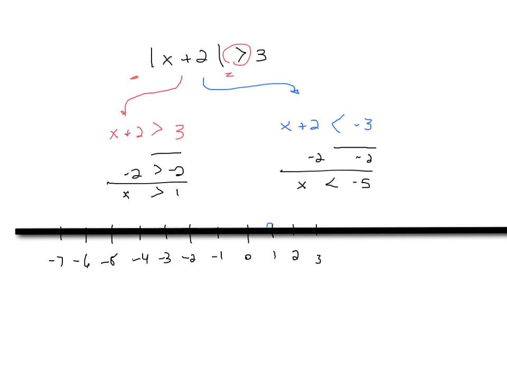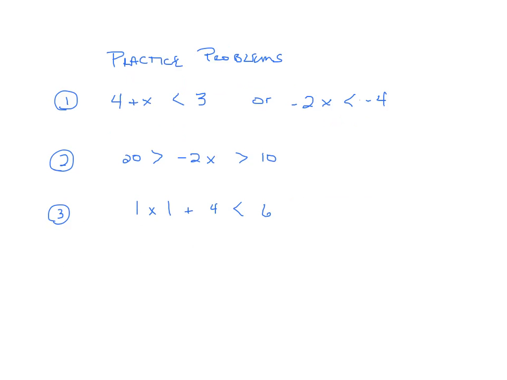Every number larger than 1 is going to work. We also have all the numbers that are less than -5. They are also going to work. So in this case, we have a whole bunch of numbers that work above 1 and below -5. The numbers in between, something like 0, are not going to work.